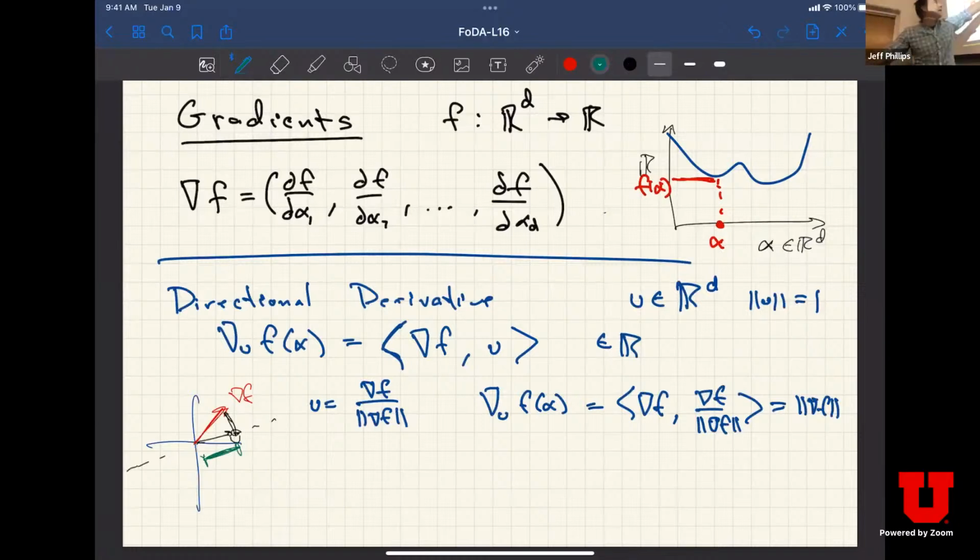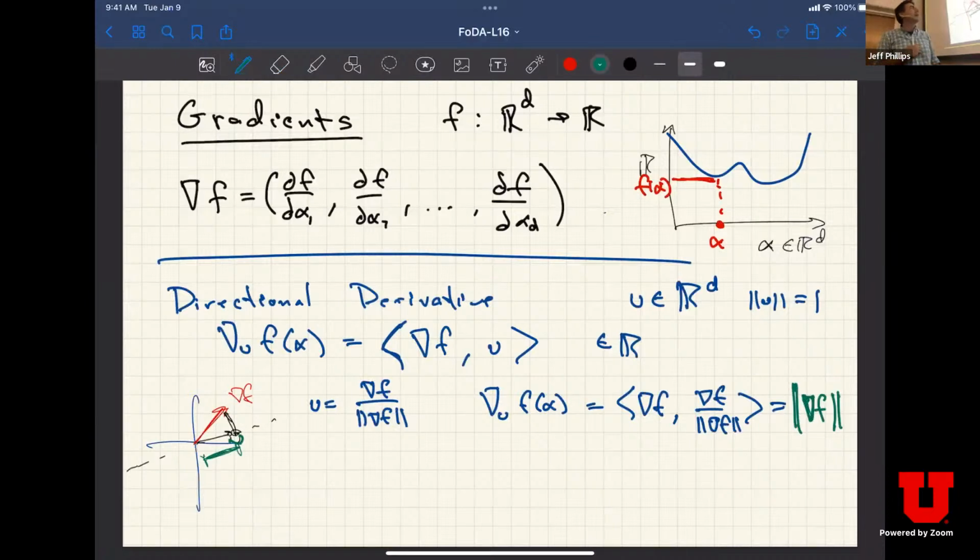So if I orient u exactly in this direction, I get the maximum scale, and that means the maximum rate of increase. Yes? Yeah, that's the norm of nabla f. This is unclear enough, so I will rewrite it clearly. Nabla f norm. Great. If I choose this direction u to be aligned with nabla f, I get the full length of this vector, and anything else decreases this length.